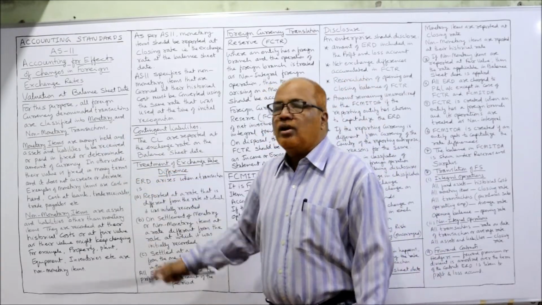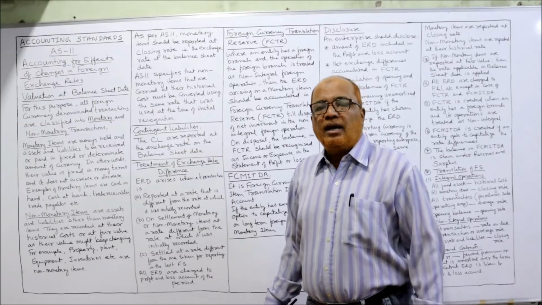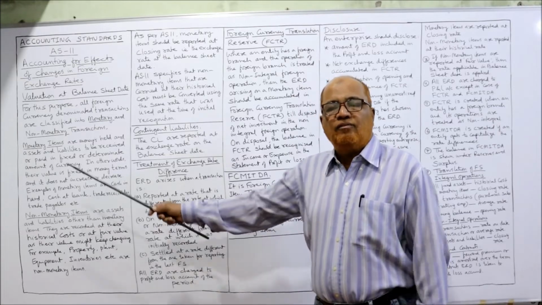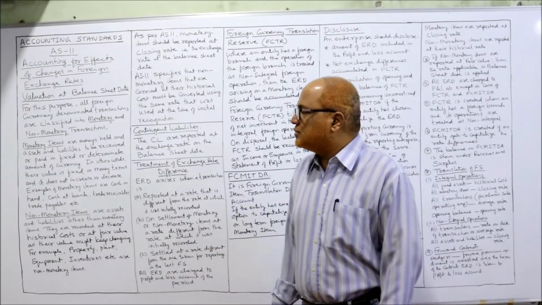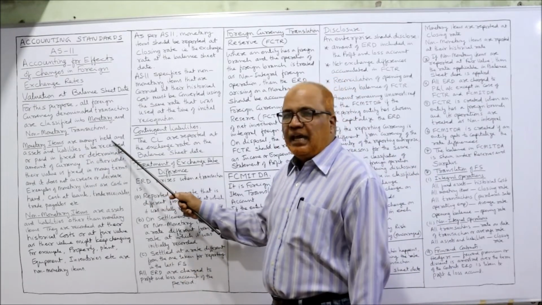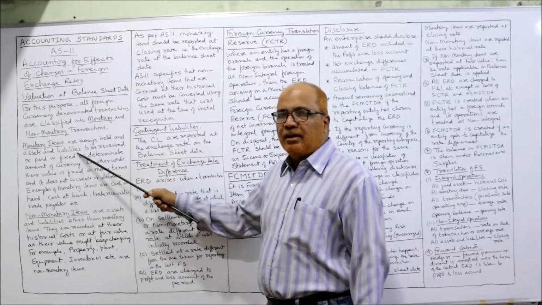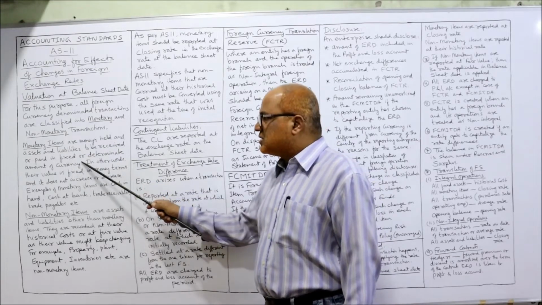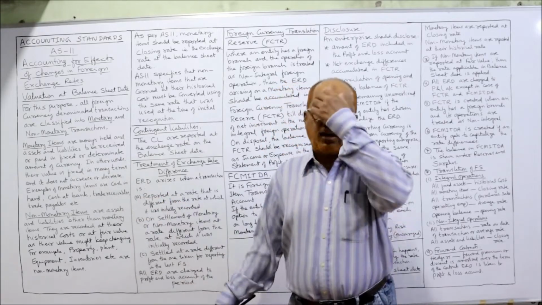First, monetary items. Before explaining the provision for monetary items, we must know the meaning of the term. Monetary items are money held and assets and liabilities to be received or paid in a fixed or determinable amount of currency.